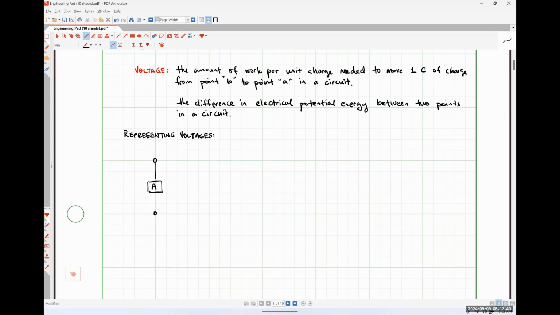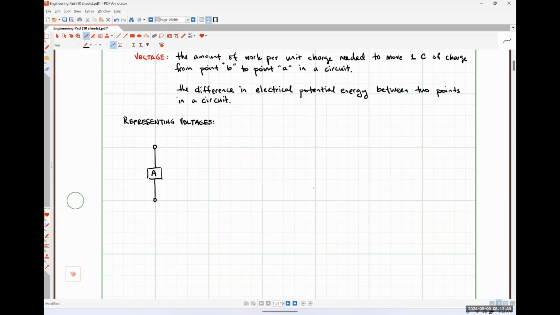Let's just call it circuit element A. The first way to represent a voltage that I'm going to introduce is what I'm going to call the American style. This is the one that I'm going to use 95-ish percent of the time.